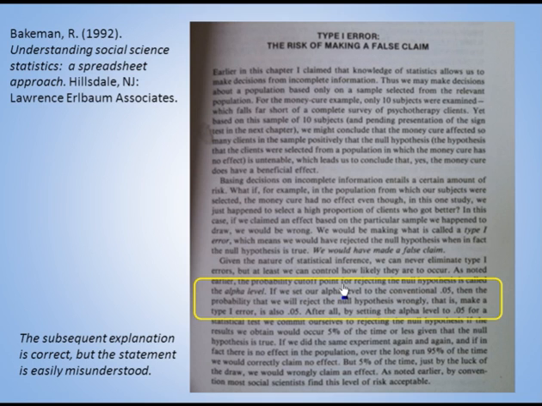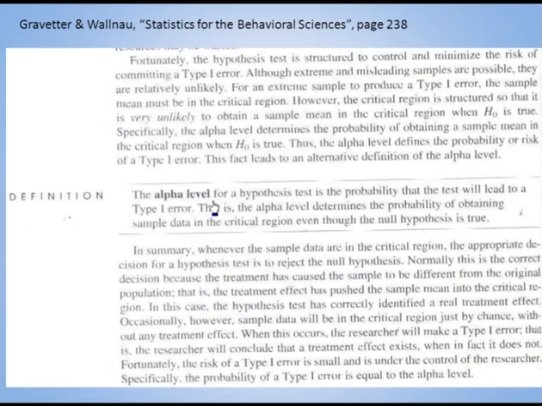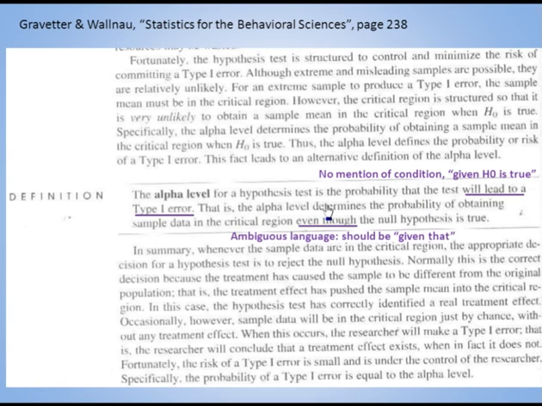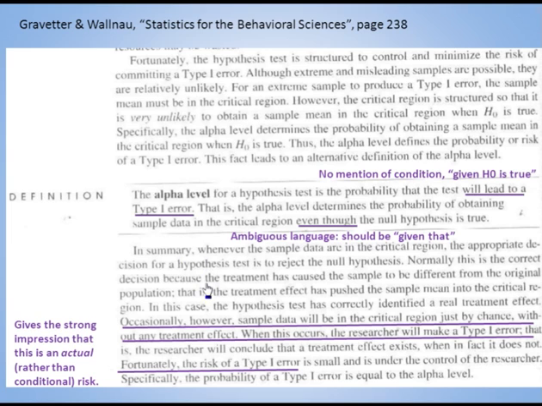But because he doesn't mention that here, it's bound to be misunderstood by students. Again, no mention of the condition. Here they don't mention conditional probability. They just say even though, which is ambiguous. And here, I just point out again, problems with not introducing the notion of conditional probability.